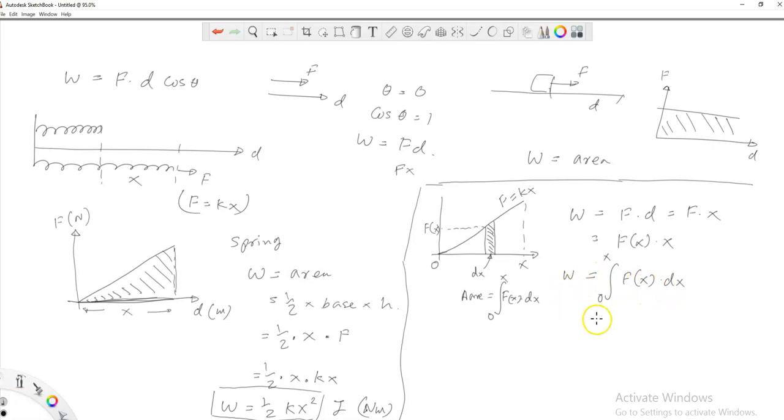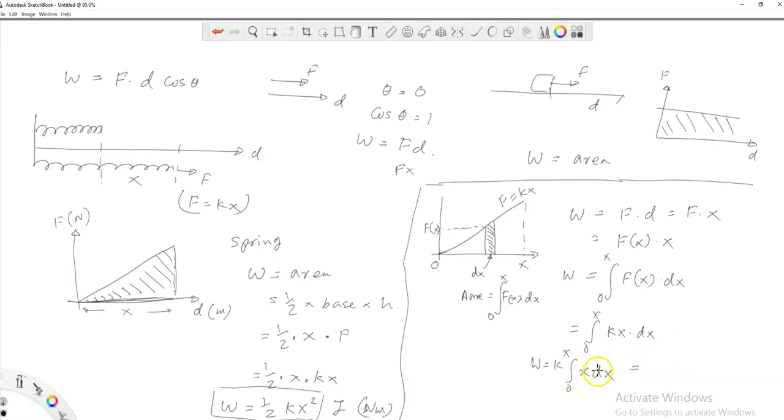So in this particular case, 0 to x, what is F(x)? It's given by kx times dx. Now k is a constant, independent of the distance, so we can take it out. So we have work equals k times the integral from 0 to x of x dx. You guys know how to integrate this.